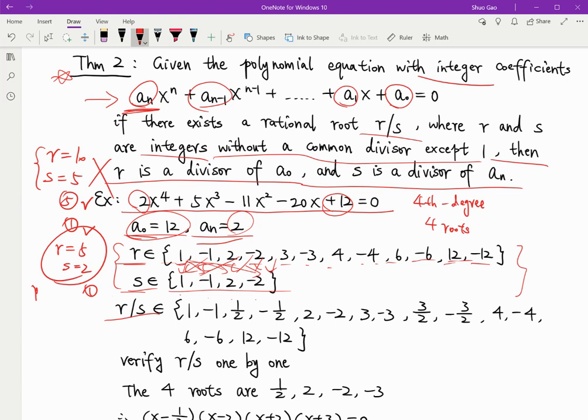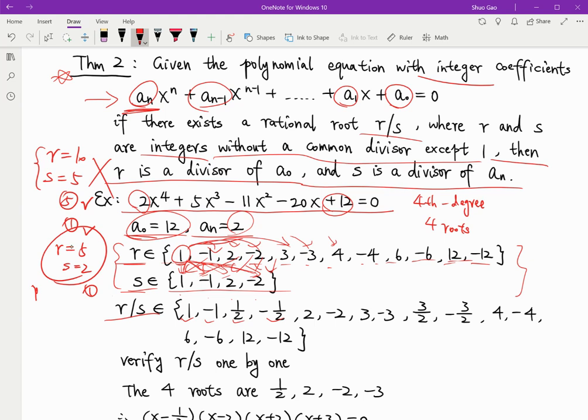So for example, if R is 1, then R divided by 1 is 1, R over minus 1 is minus 1, R divided by 2 is 1/2, and 1 divided by minus 2 is minus 1/2. So we're done with R equals 1. And then we switch to R equals minus 1, and we complete this by using all the R's in the potential pool here, right?